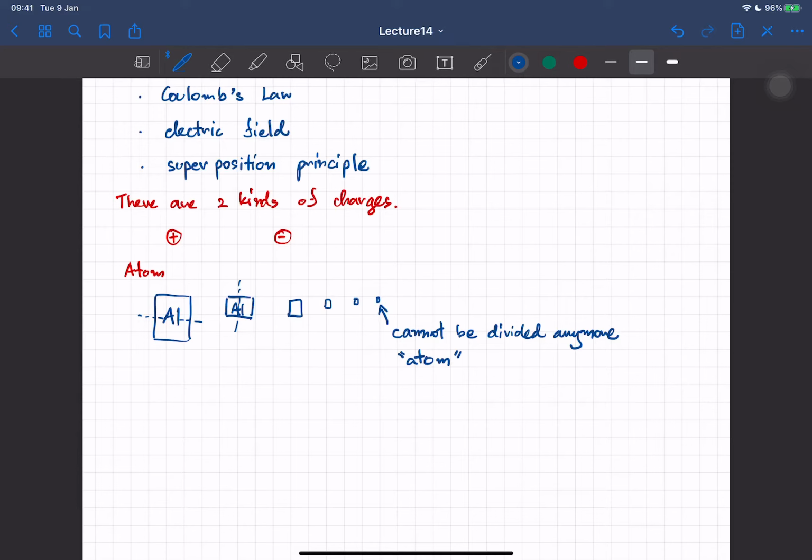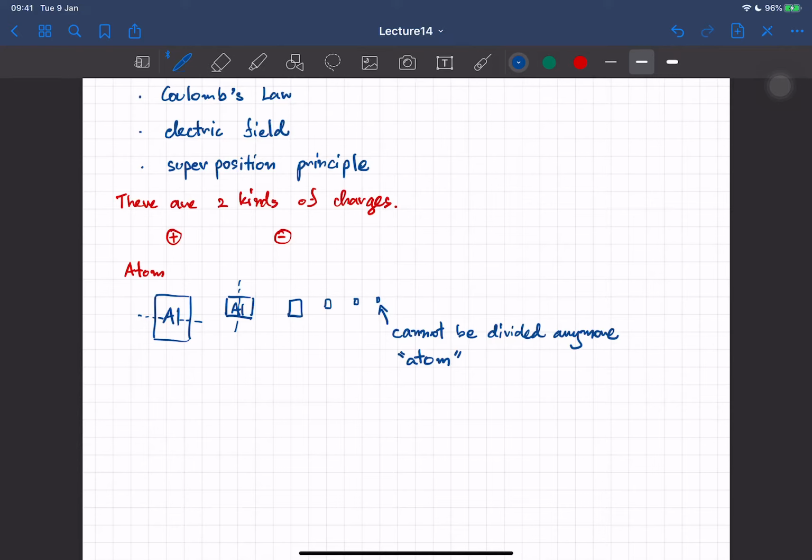Okay, so the concept of an atom is actually very old. It's the same as the charges, dating back to the ancient Greek time. But it's not until very recently that people can actually see that there's one atom and you cannot divide it any further.